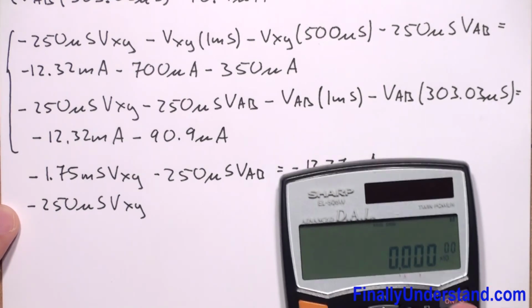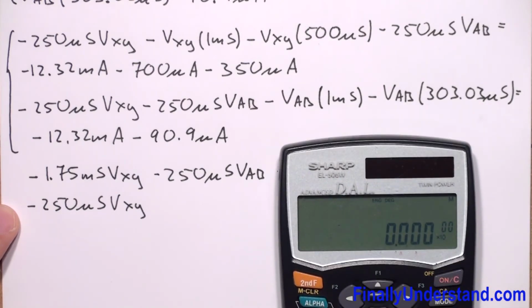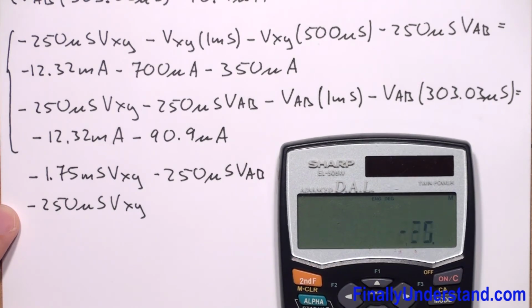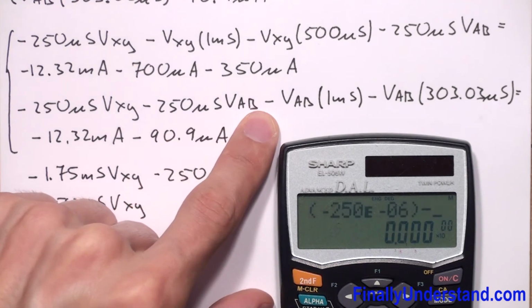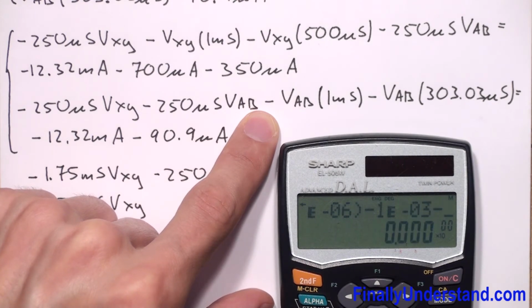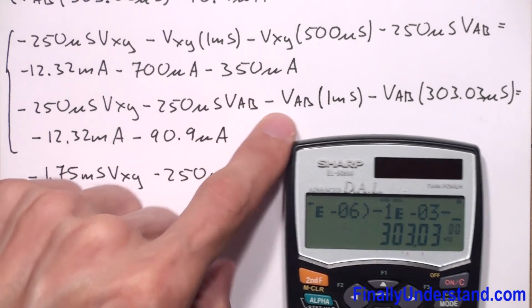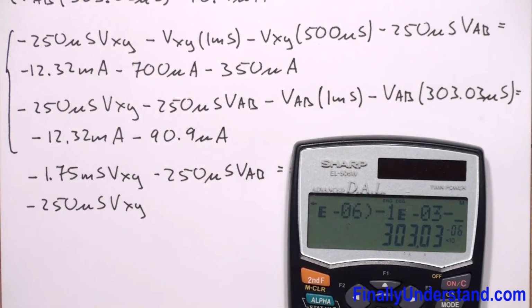So as you can see, we have negative 250 exponent negative 6 minus 1 exponent negative 3 minus 303.03 exponent negative 6.